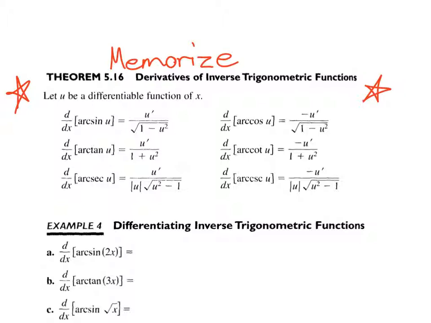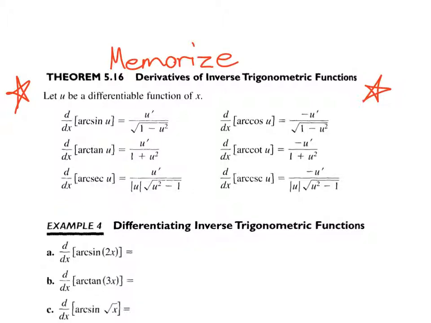Okay? So arc sine is u prime over radical 1 minus u squared. Arc cosine is negative u prime over radical 1 minus u squared. Arc tangent is u prime over 1 plus u squared. Arc cotangent is negative u prime over 1 plus u squared.